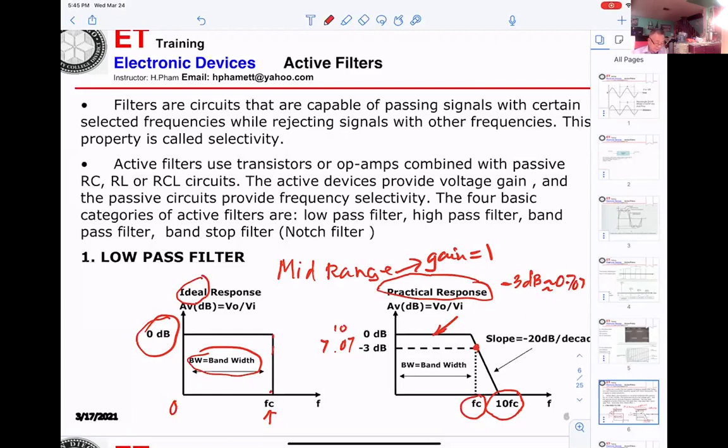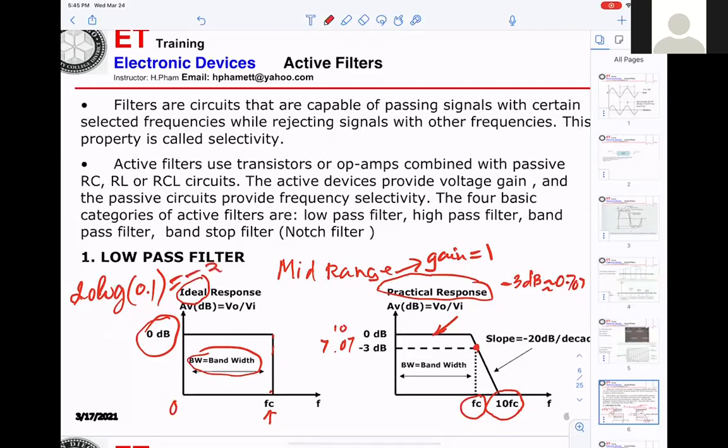So you take 20 log of 0.1 to see what you get. It's minus 20.